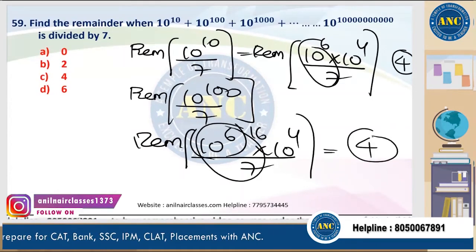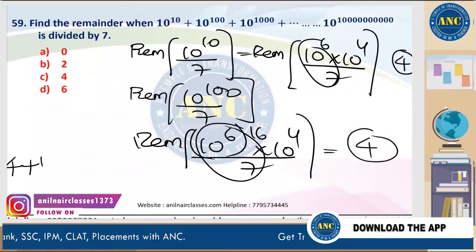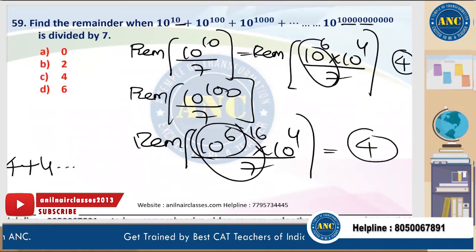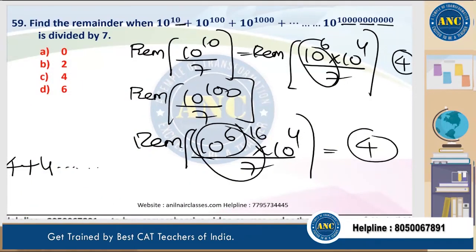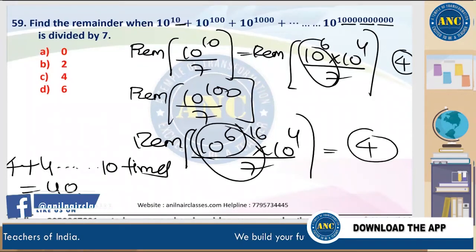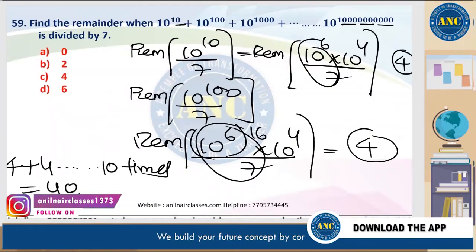Every time I am getting 4. So 10 power 10, total how many zeros? 3, 6, 9, 10. 4 is added 10 times, so 40. Am I right?